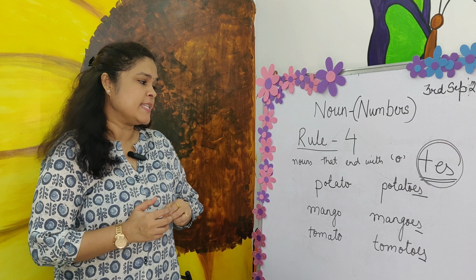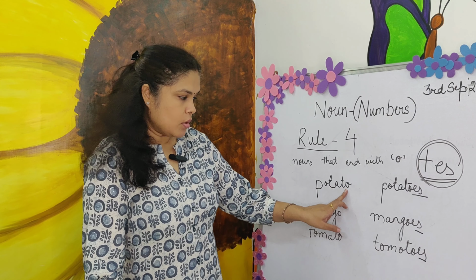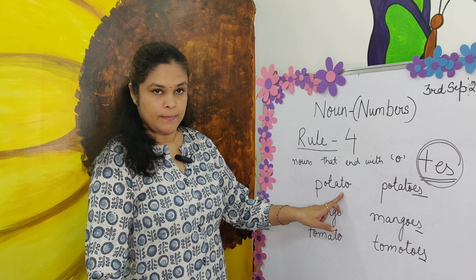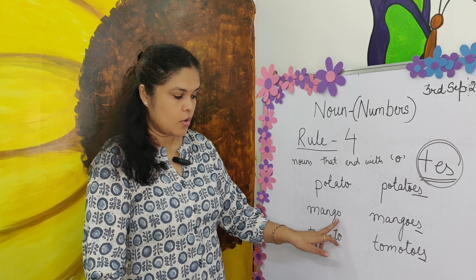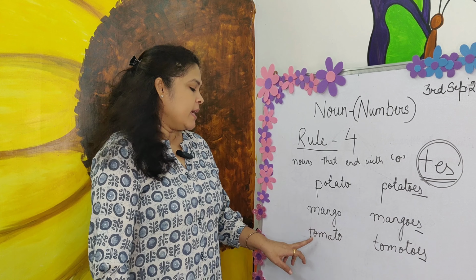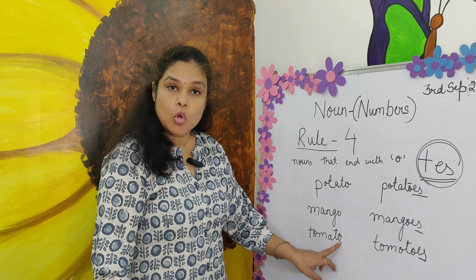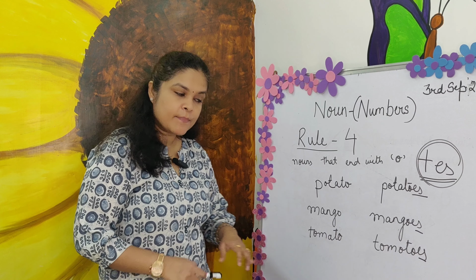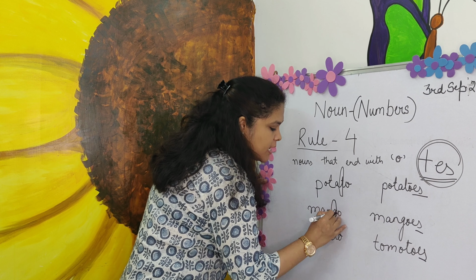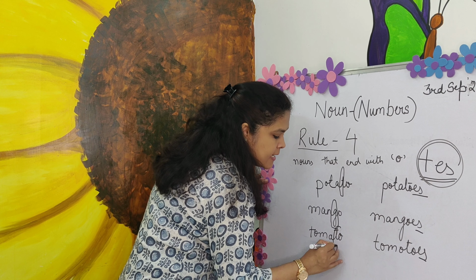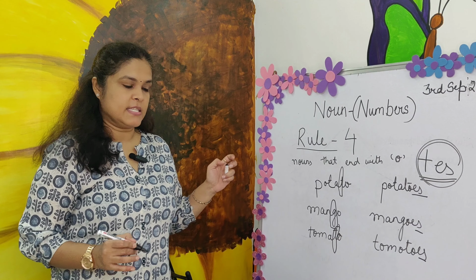Now I would like to tell you, see, before o we have a t in potato. In mango, before o we have a g. In tomato, before o we have a t. So this t, g, t, they are all consonants, right?